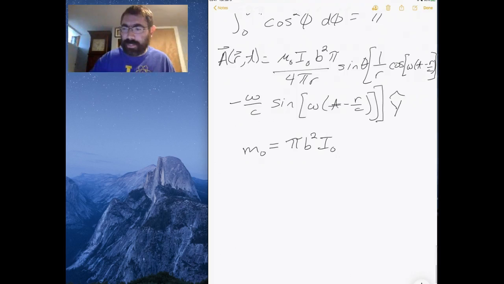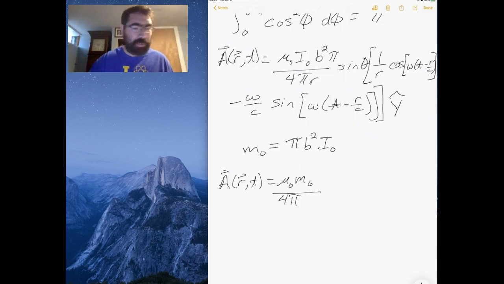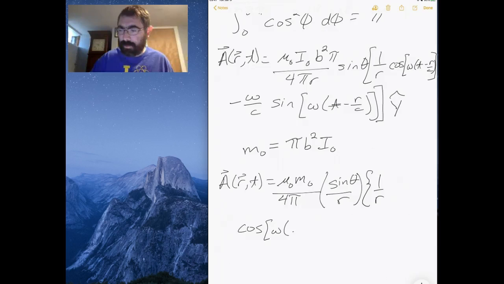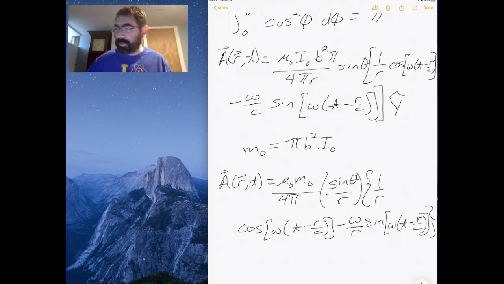And then I get A of r, t is mu 0 m0 over 4 pi, sine theta over r, times 1 over r times the cosine minus omega over c times the sine, close the curly brackets, and now all of that is in the phi direction.